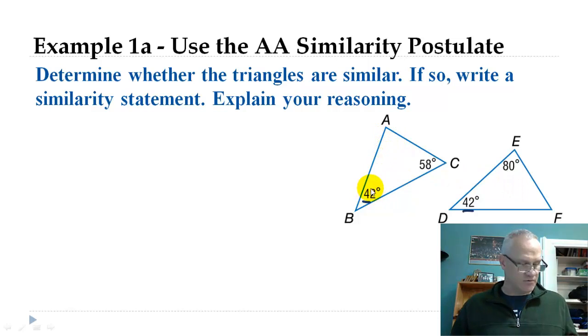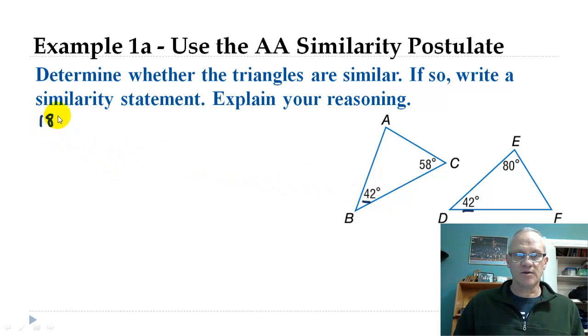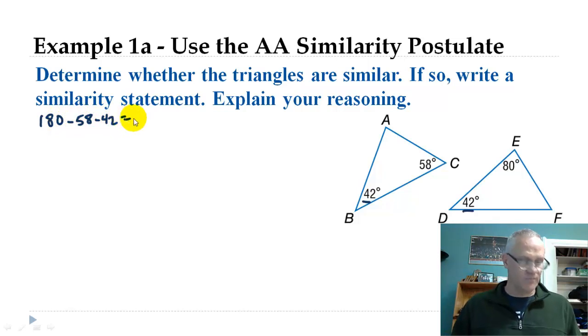So on this one here, remember, all triangles are always going to add up to 180. So if I take 180 minus 58 minus 42, I am going to get 80 degrees. So that means this is 80 degrees in here.